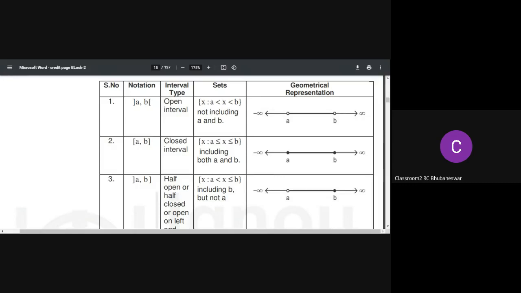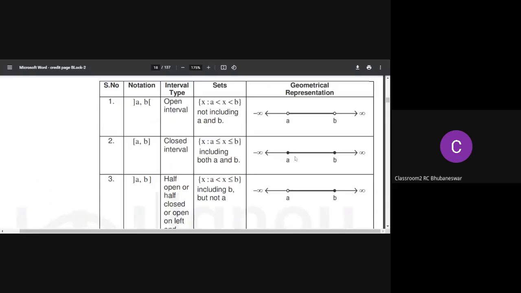These are just in the opposite direction. That means whenever we find this type of expression, the values a and b are not included. This is a set containing all the values between a and b, but not a and b itself. So that is an open interval.